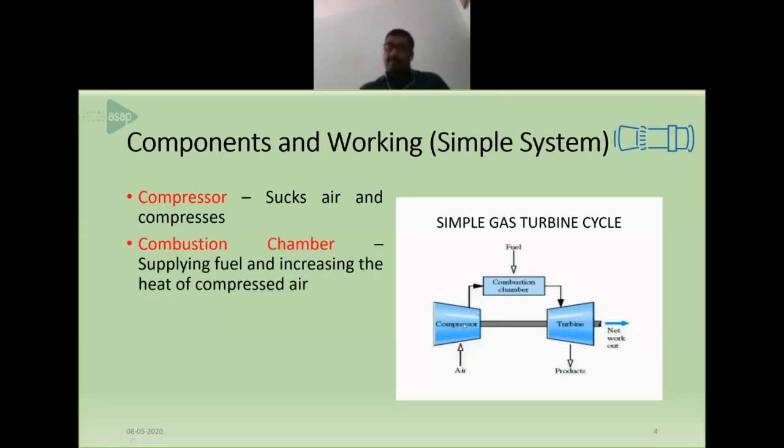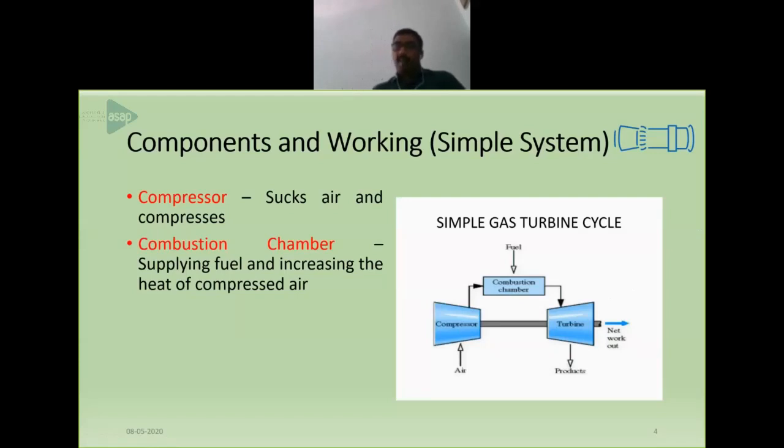Then there will be a combustion chamber. The compressed air flows to the combustion chamber. Fuel is added to the combustion chamber. Then inside the combustion chamber, there will be an air-fuel mixture. The air-fuel mixture then flows to the turbine.